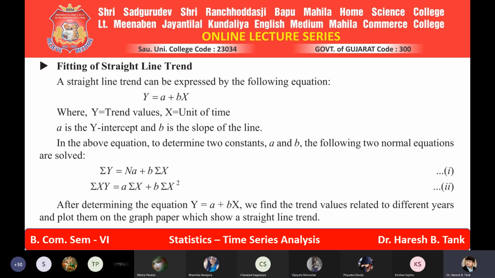Summation of 1, what do you mean by that? There are n observations, and summation of 1 means 1 plus 1 plus 1 plus 1 plus 1. How many times plus 1 is there? If n observations are there, then naturally summation of 1 is nothing but your n.